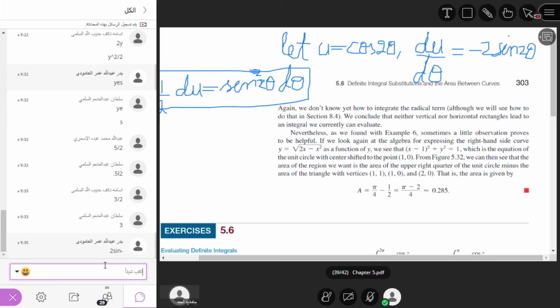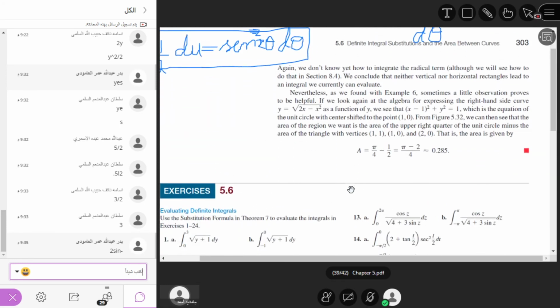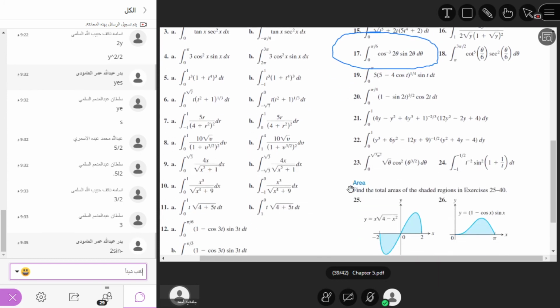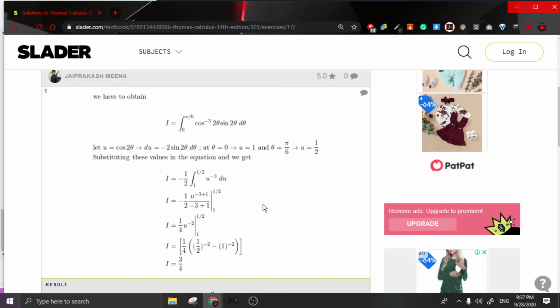So now sine 2 theta d theta is given as minus 1 over 2 du, and cosine 2 theta is given as u. Now we find the lower limit and upper limit. What is the lower limit?